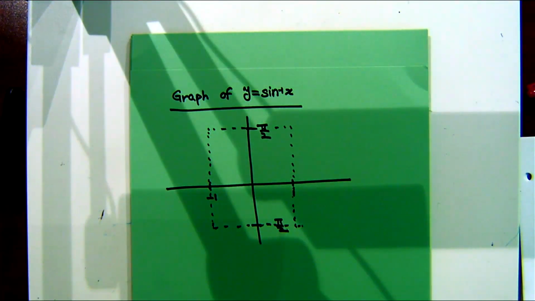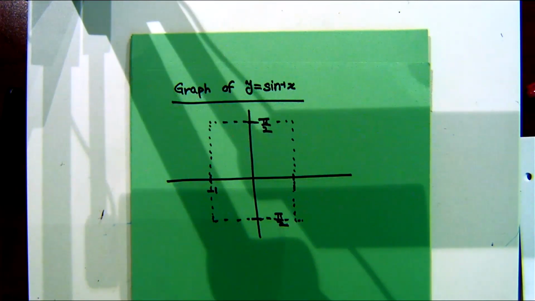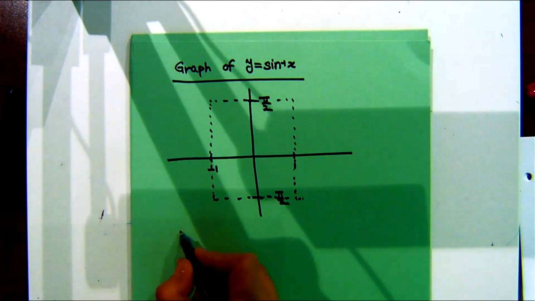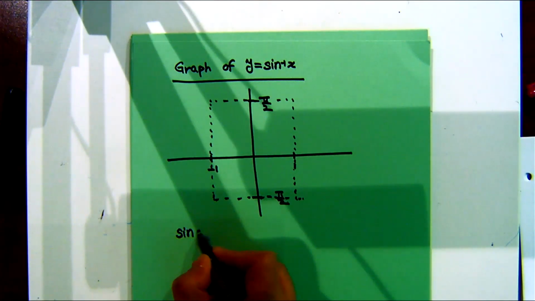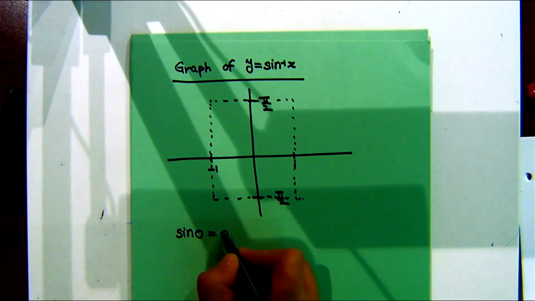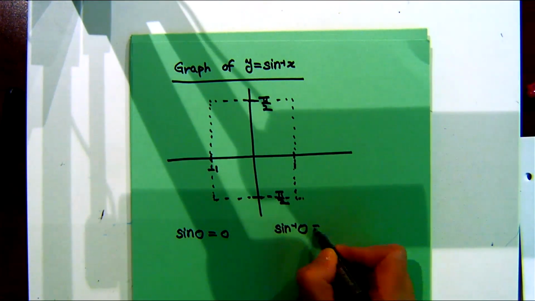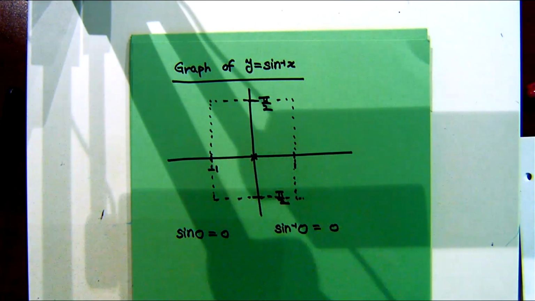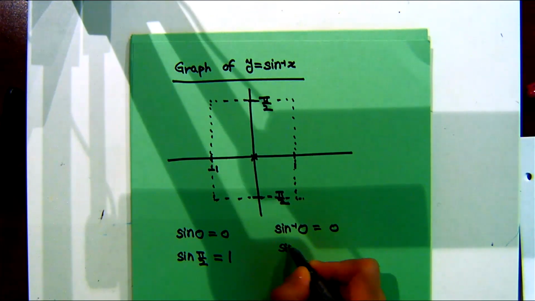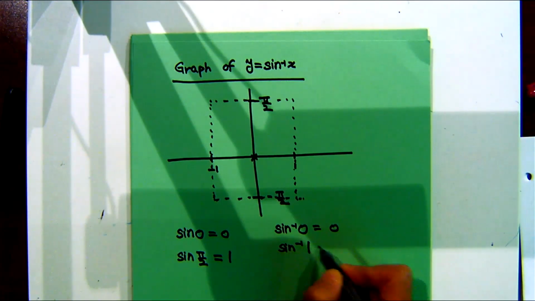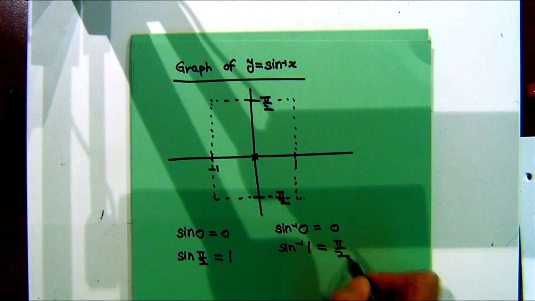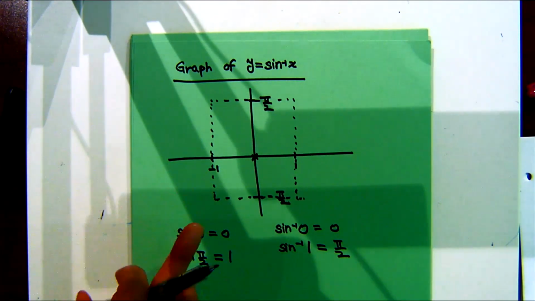So what should we do? We think about changing the input and output. We know that sine of 0 equals 0. That implies sine inverse of 0 equals 0. So it passes here. And the sine of π/2 equals 1. That we already know. So sine inverse of 1 is π/2.